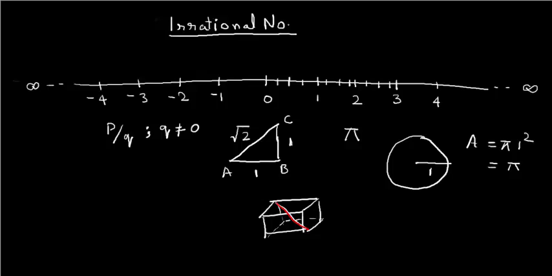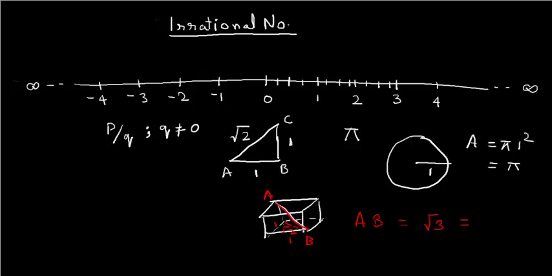Suppose you have been asked to find the length of this line, which I can denote, let's say, AB. I can draw another line here. Suppose the side of this cube is 1, this is also 1. This length would be root 2, and using Pythagoras theorem we can find out this length AB would be equal to root 3.